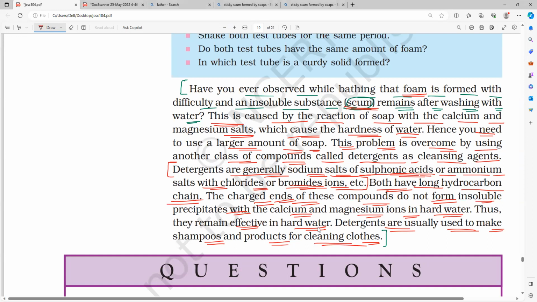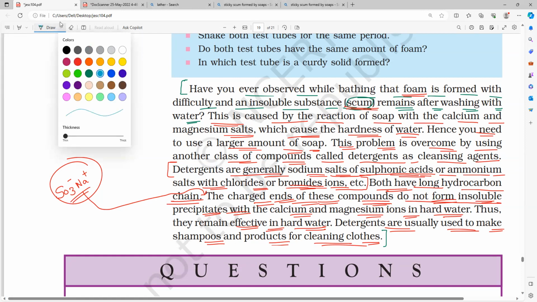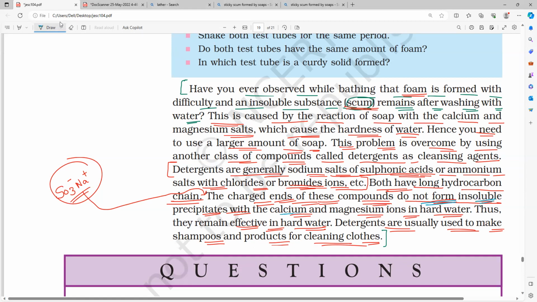The charged ends of these compounds, SO3 Na plus, do not form insoluble precipitates, they cannot be precipitated by calcium or magnesium ions in hard water. That is why detergents are effective over soaps in hard water.